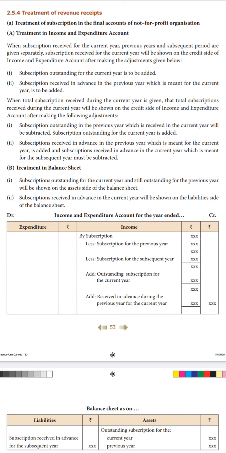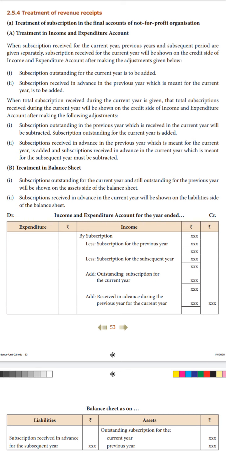And here what all should be added? First, when you have any outstanding for the current year, it should be added. You must have the subscription outstanding for the current year. In that case, we will add that amount to the subscription received.